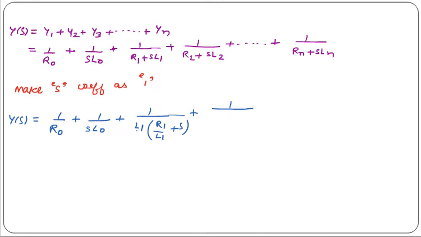Then we will take L2 common, this will be 1 by L2, 1 by (R2 by L2 plus s), and so on up to 1 upon Ln, 1 by (Rn by Ln plus s). This is the general equation of RL network in the Foster second form.